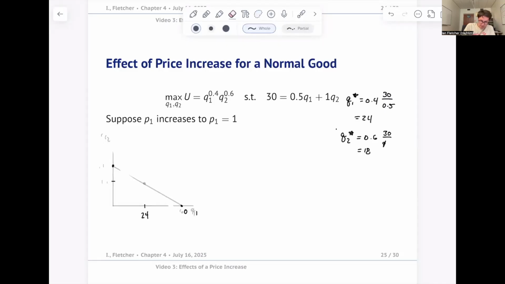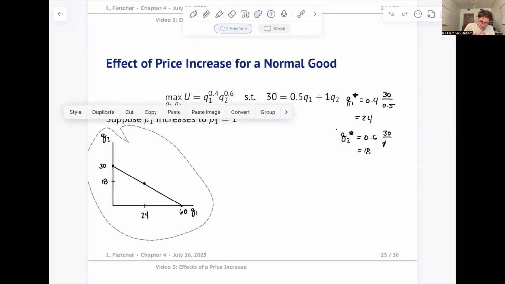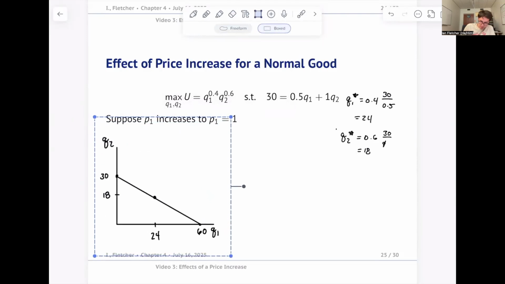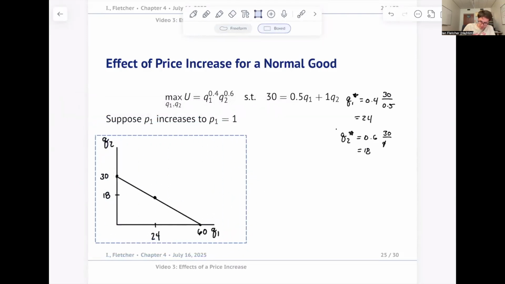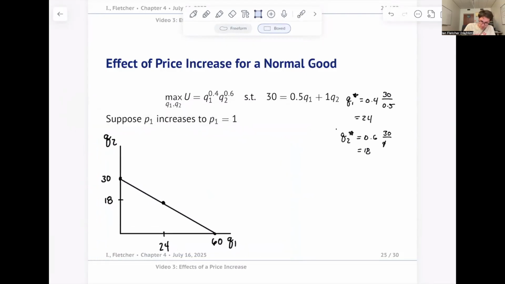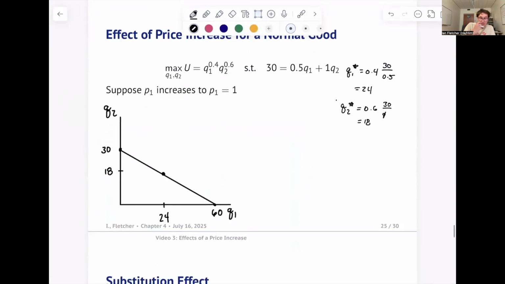I'm going to blow this up. It's not going to let me just blow this up. That's crazy. What if I do it like that? So now this would be at E1, at equilibrium 1.